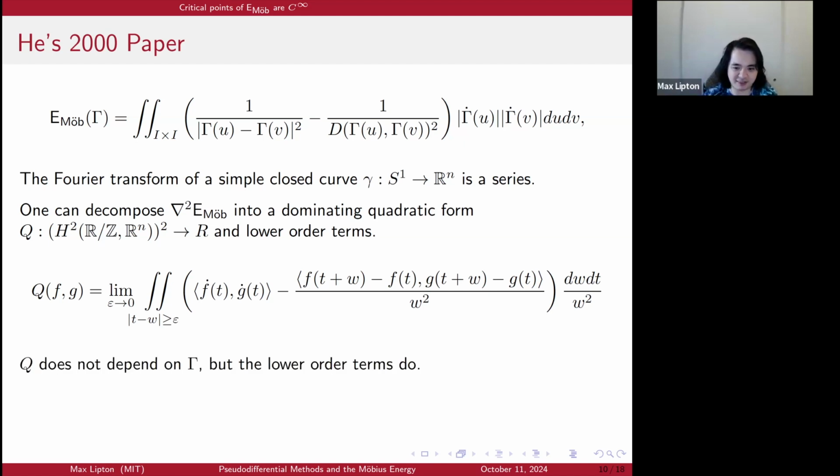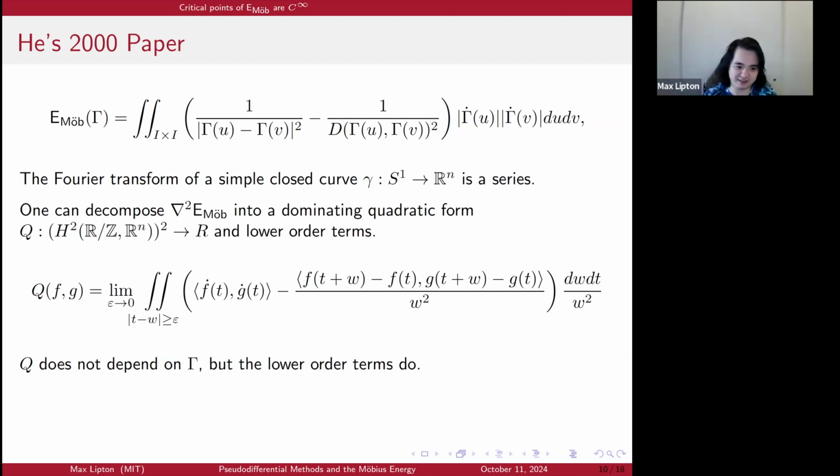And what's important is that this term that comes out does not depend on the gamma that we started with. So in some sense, this quadratic linearization is universal among the entire domain of the Mobius energy. The nonlinearity, where the intrinsic distance comes into account, shows up in the lower order terms.